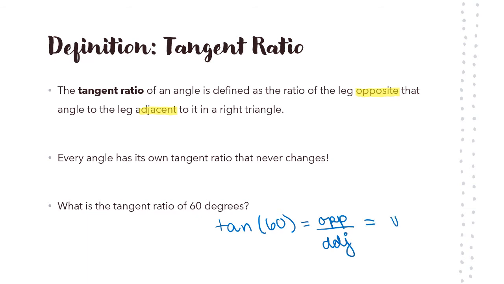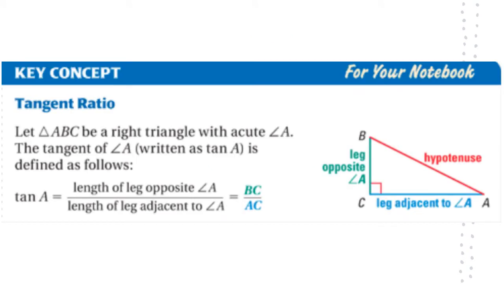And we found that ends up being the square root of 3. So each angle has its own tangent ratio that never changes, and a tangent ratio is a trigonometric ratio. This is the formal definition. Take a moment to put this in your textbook, and I would strongly encourage you to include the diagram.